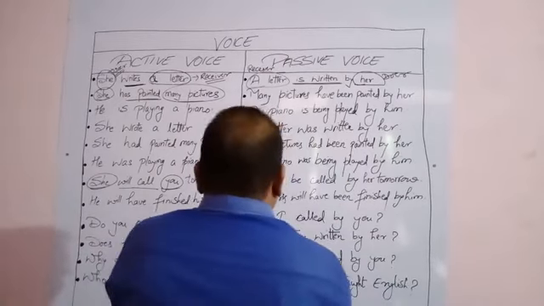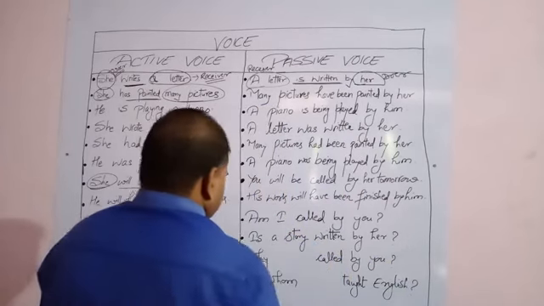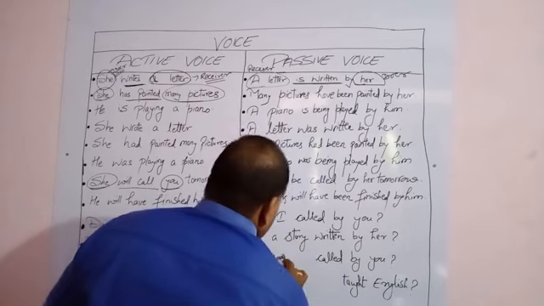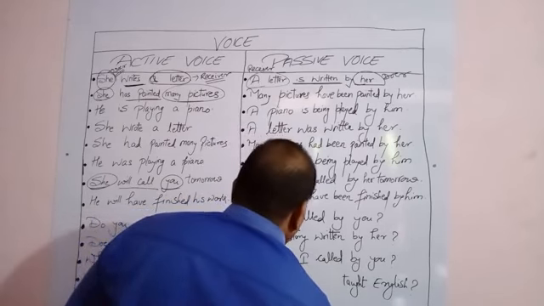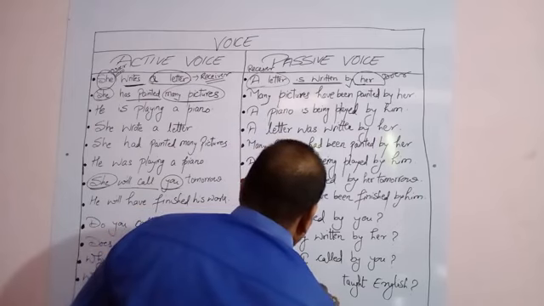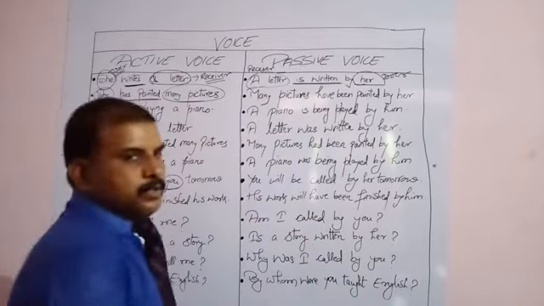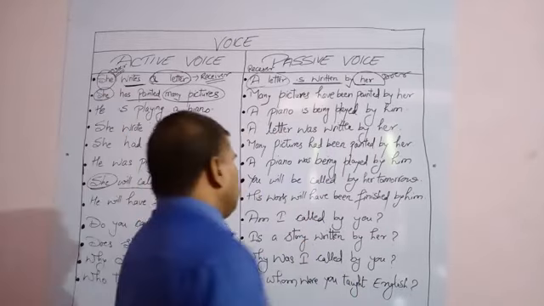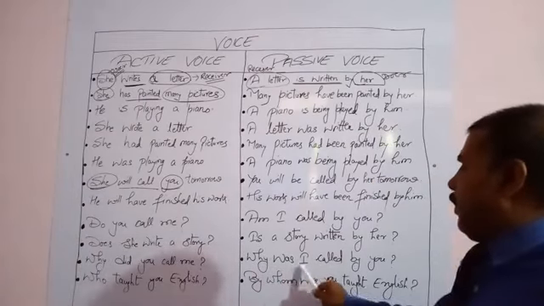Why was I? By whom were you? Now, as it denotes an interrogative sentence, look at the first one which I have written here: why I was called by you.